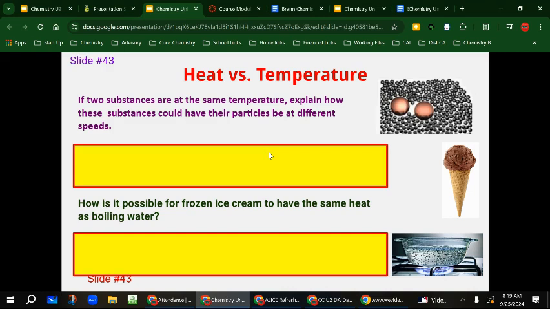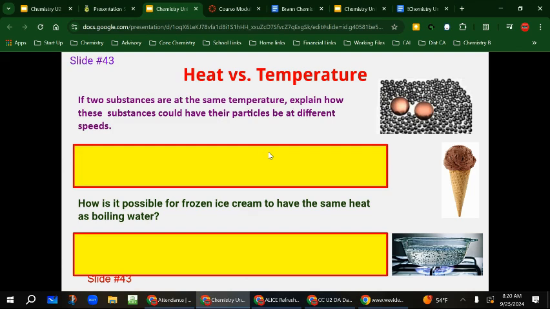How is it possible for frozen ice cream to have the same heat as boiling water? Same mass, or like amount of particles. But if there's the same mass of each, how do we get heat?